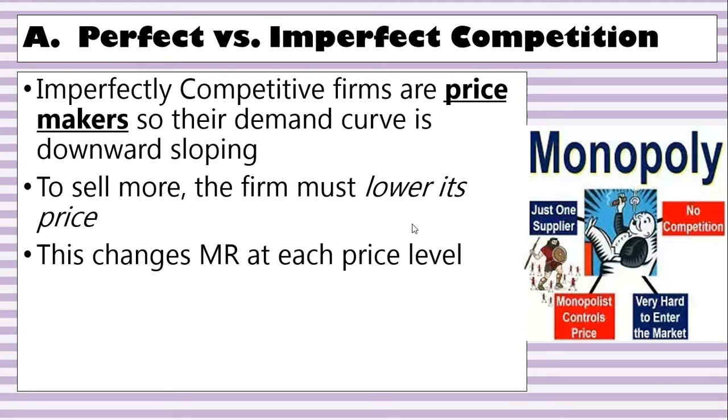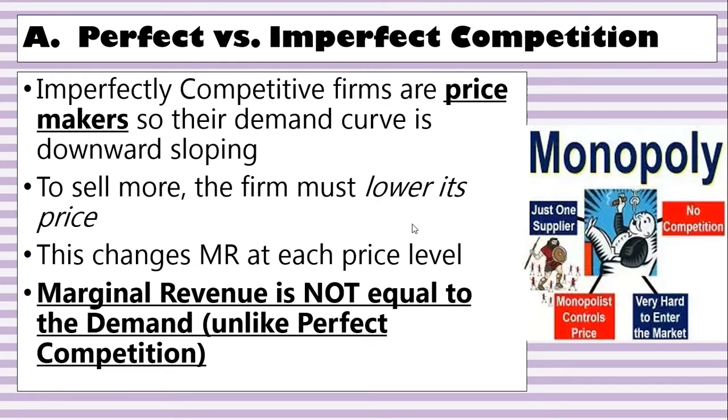The marginal revenue will be different for every level of output because the price has to be different for every level of output. And this can be a little confusing to some people. It takes a while for it to sink in why that makes sense. But we're going to go through it a little slowly here. I'm going to show you that worked out mathematically so you can see why that happens. So the big rule to remember for imperfectly competitive firms, this is true of monopoly and monopolistic competition.